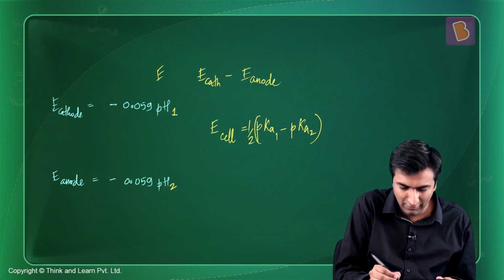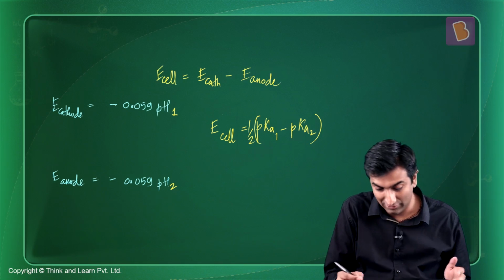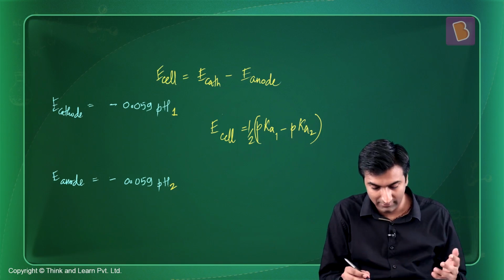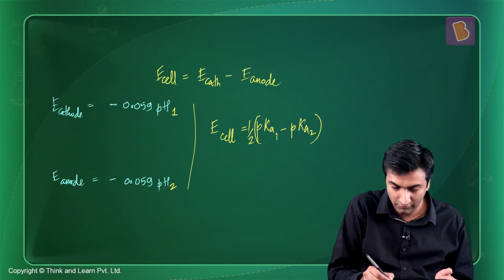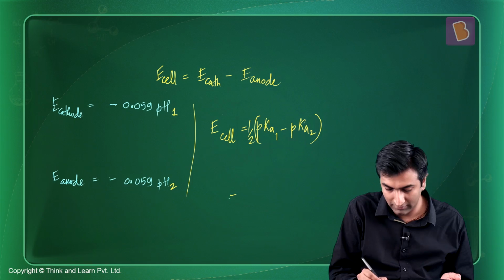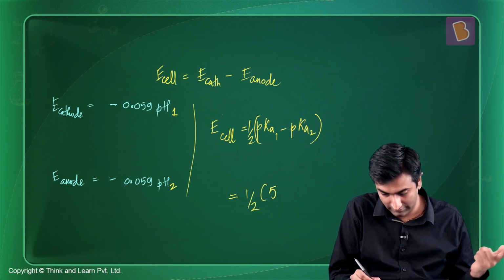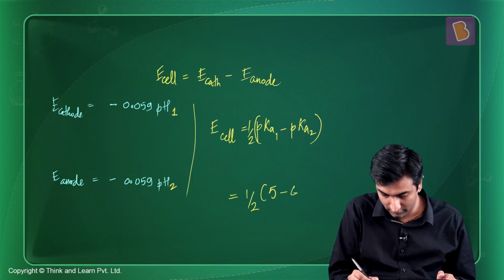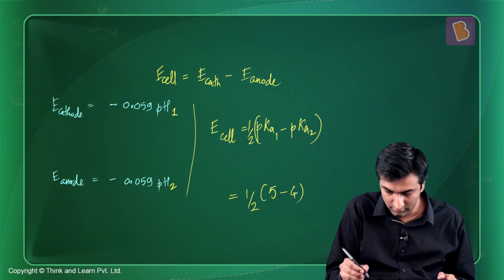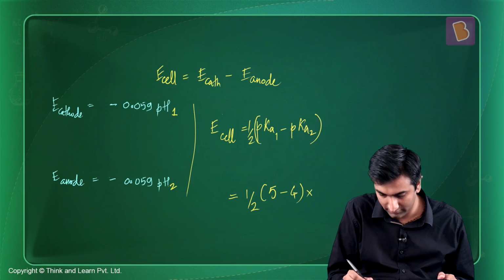So a little bit of bookkeeping here. Just be careful with the signs and all of that. There are a lot of places where you could mess things up because of the signs that we've used. So this gives me the value. I just depend on the pK value. Now this is 5, the weaker acid, the anode, minus 4. That's it. Oh, times 0.059, right?